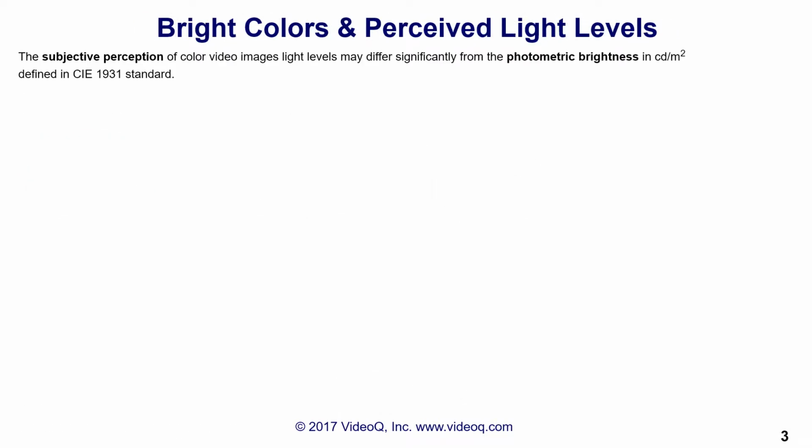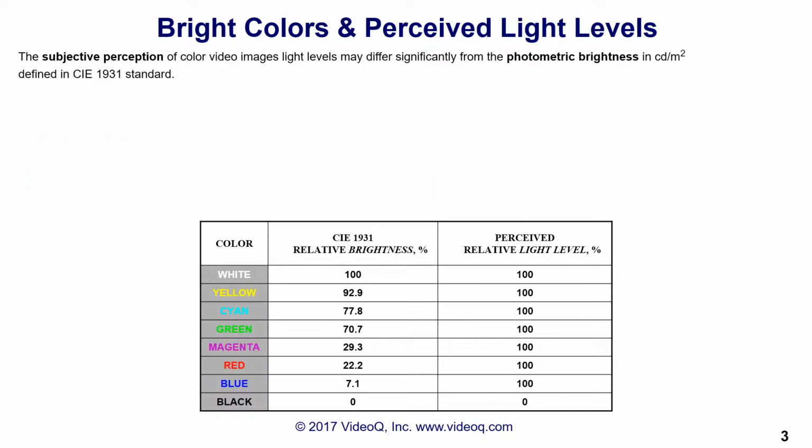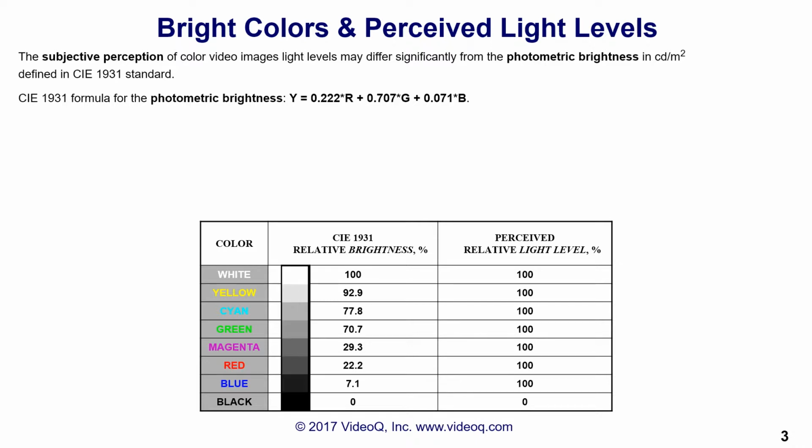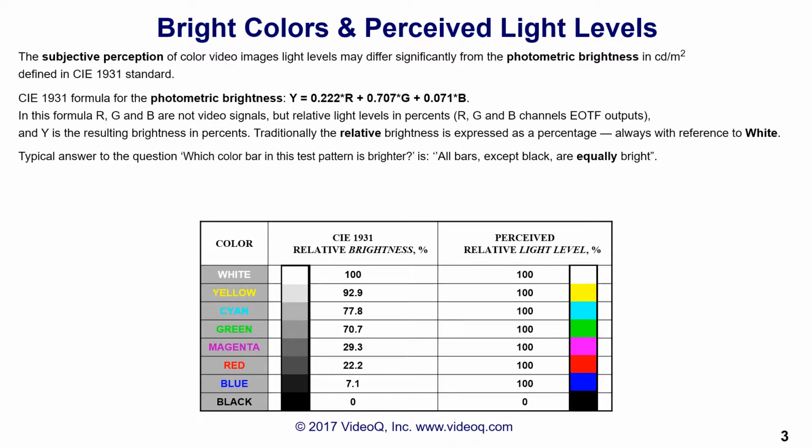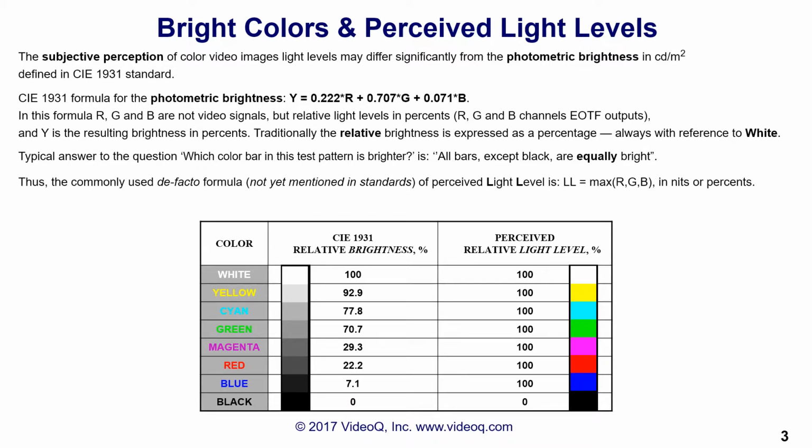The subjective perception of color video image light levels may differ significantly from the photometric brightness as measured in candelas per square meter, abbreviated as cd/m². The common answer to the question, which color bar in this test pattern is brighter, is all bars except black are equally bright.